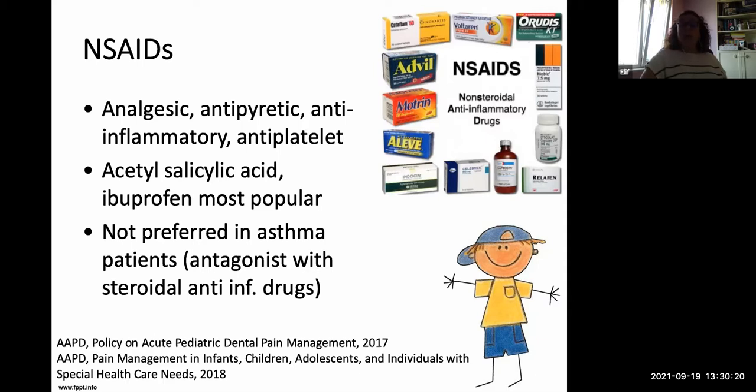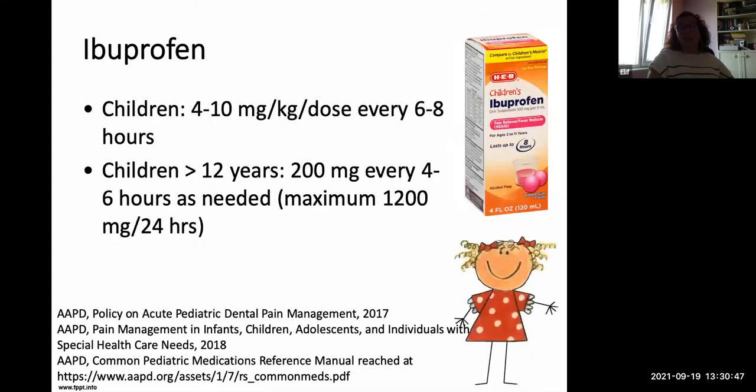The most popular medications in this group are acetylsalicylic acid and ibuprofen. But it has to be kept in mind that non-steroidal anti-inflammatory drugs are not preferred in asthma patients because they have antagonistic effects with steroidal anti-inflammatory drugs, which are used for the treatment of asthma.